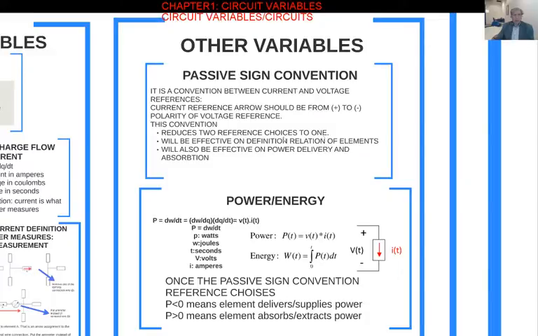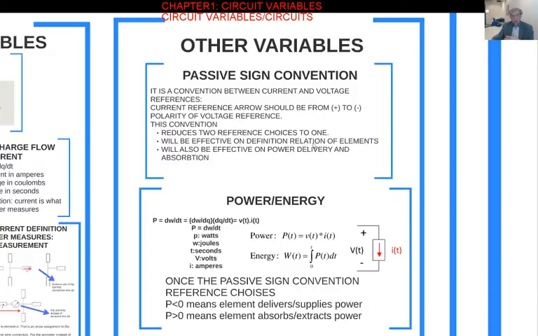That's one advantage. The other advantage will be effective on the definition relation of elements. We will see the elements in the next chapter. In the definition of this mathematical relation, we need this convention, otherwise there is going to be a problem.